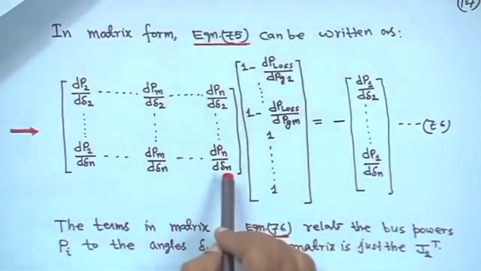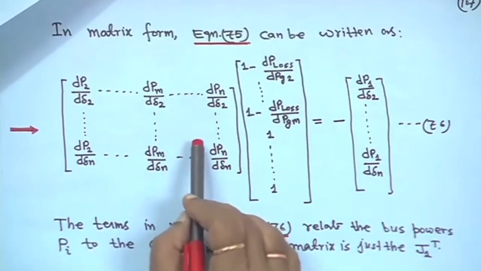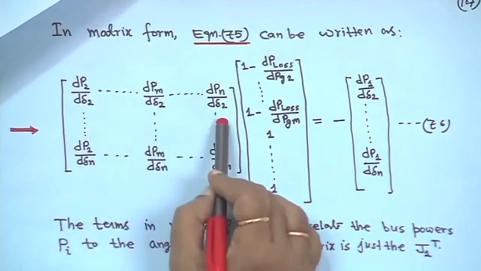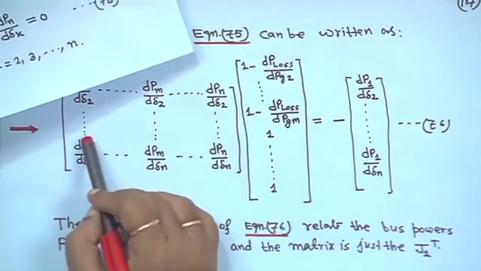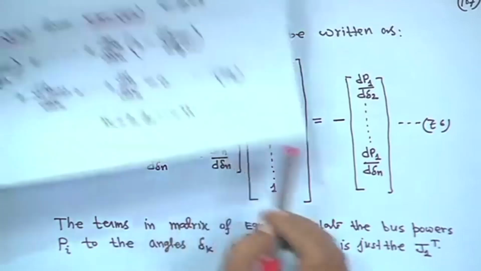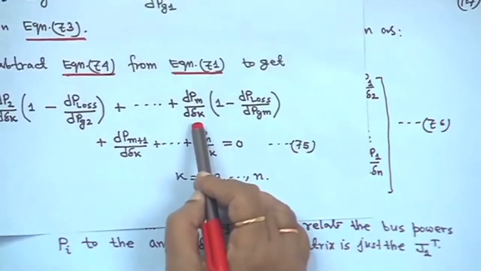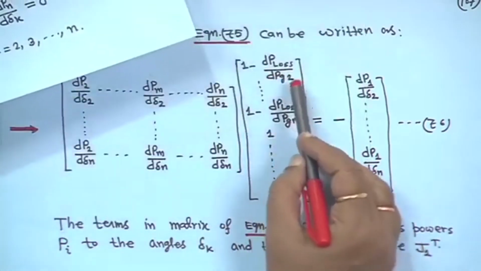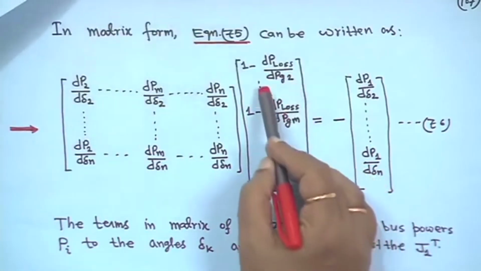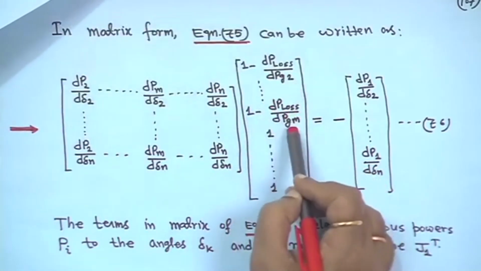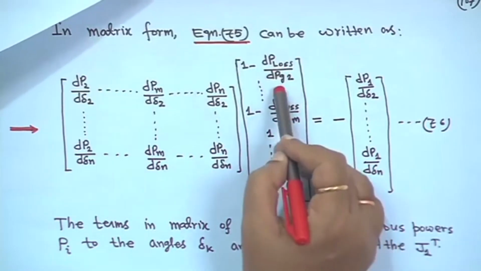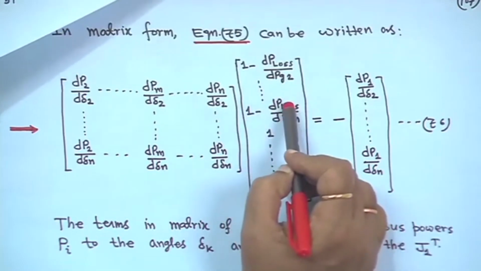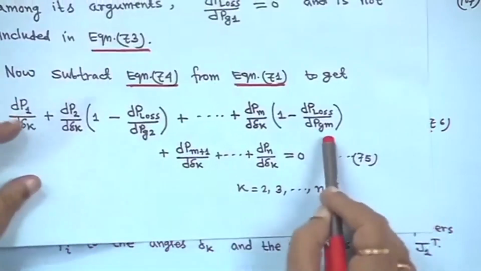Similarly, the next term, the mth term, because to accommodate this page I did not write all the terms. Next one will be dP2/dδ3 and so on, then dPm/dδk. When dPm/dδk terms come, the coefficient is 1 minus ∂P_loss/∂PGm. So 1 minus ∂P_loss/∂PG2, then 1 minus ∂P_loss/∂PGm, and the next term will be 1 minus ∂P_loss/∂PG3, then 1 minus ∂P_loss/∂PG4 and so on up to the mth term.